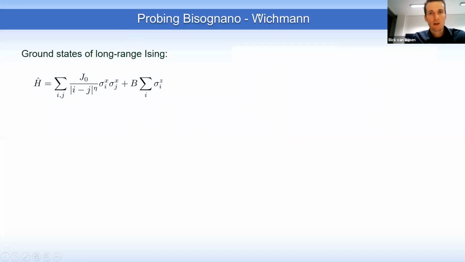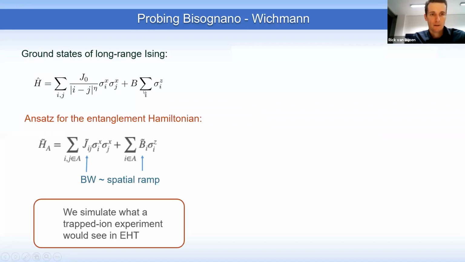Okay, so the other thing we can check, with the conformal field theory, is this Bisognano-Wichmann theorem. So we look at ground states of this long-range Ising model, and we take, again, our ansatz. Now it's a ground state, so we just take the deformed system Hamiltonian, and we can simulate what we would see in the experiment.